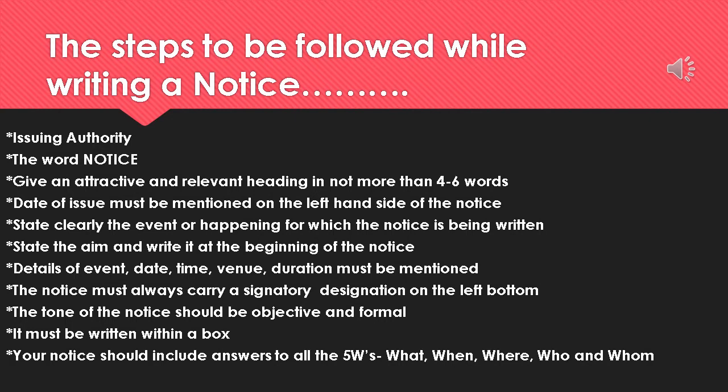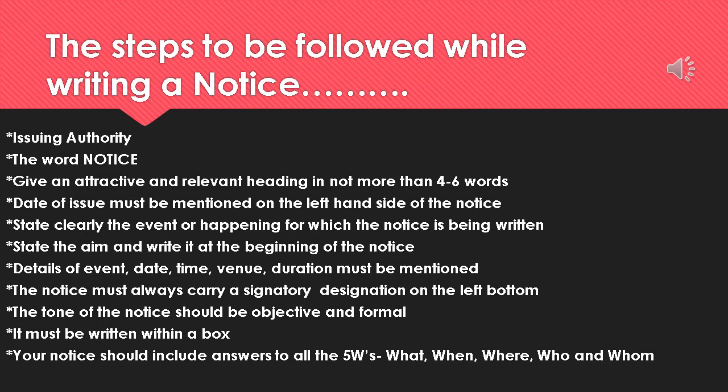What means what is the notice about? Where? Where is the event going to be held? When? When is the event going to happen? That means it is the time and date of the event. Who? Who the notice is addressed to or who can apply. Whom?